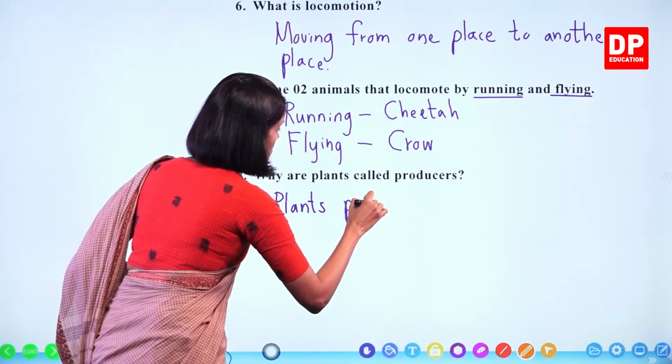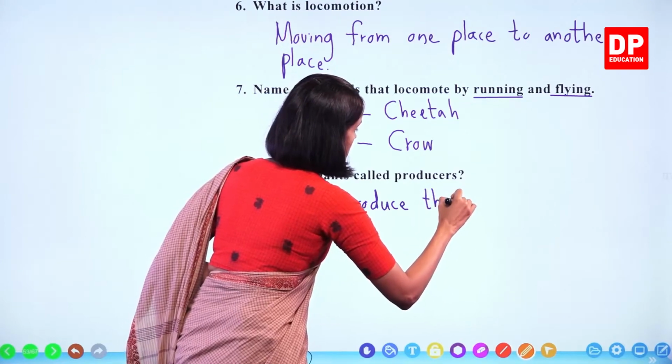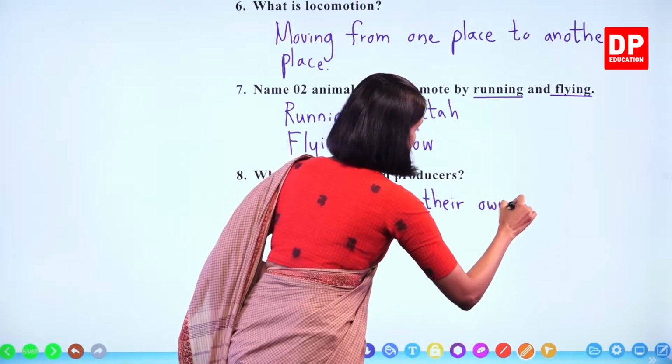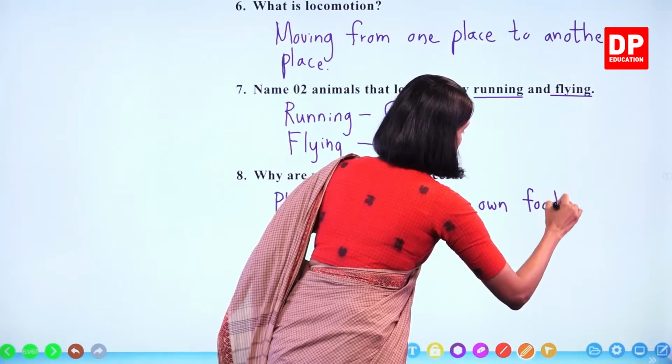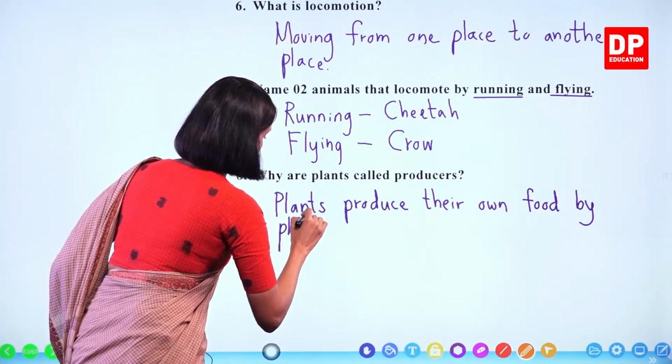Plants produce their own food by photosynthesis.